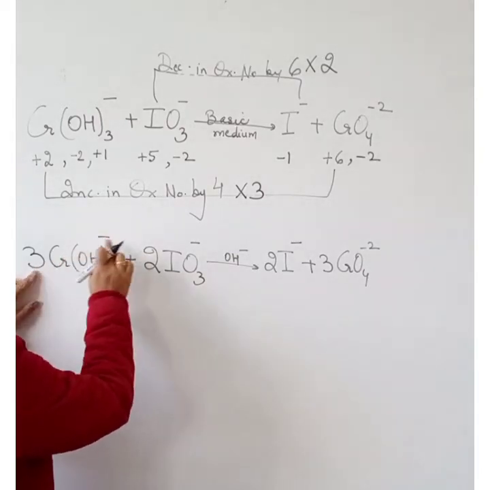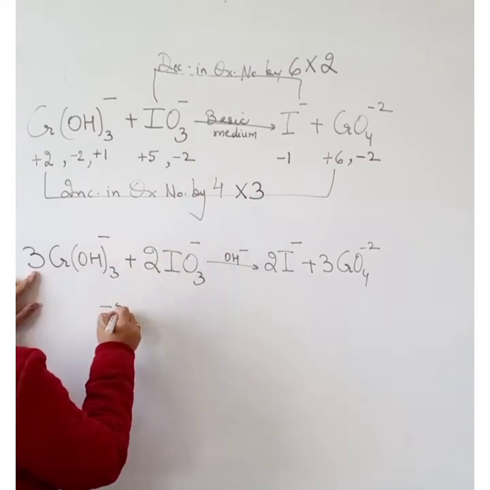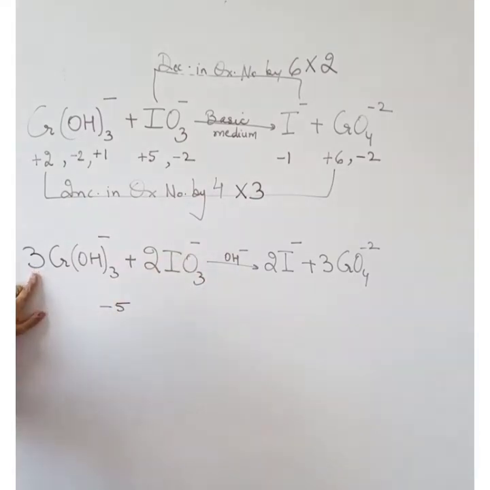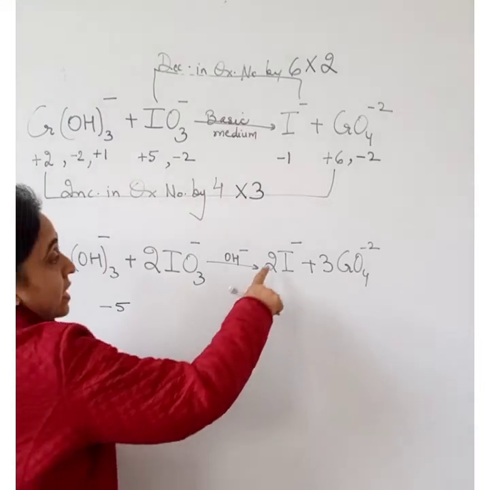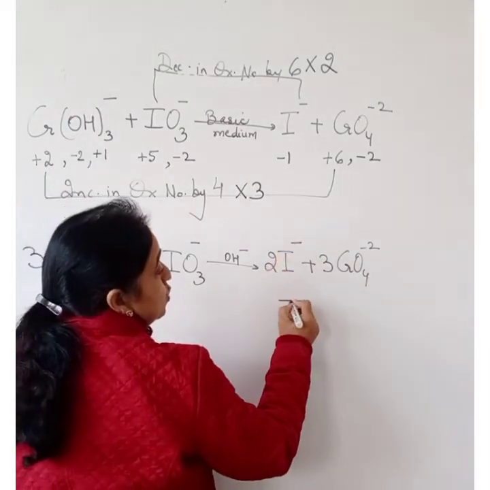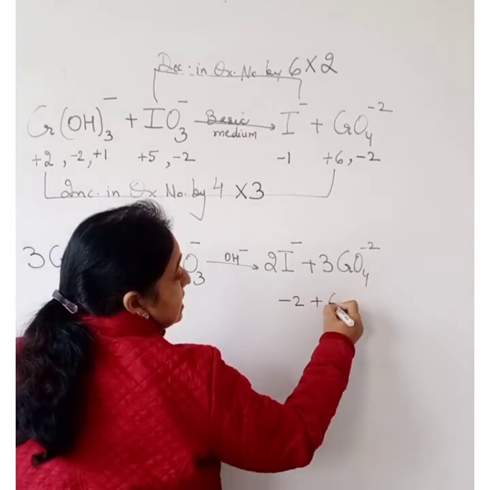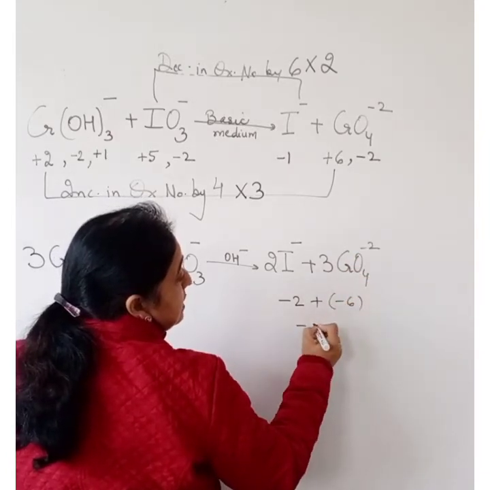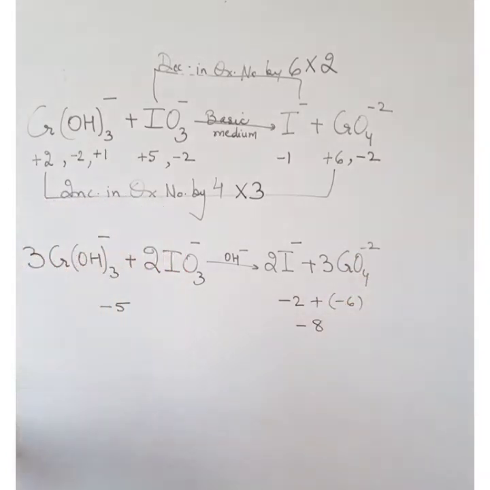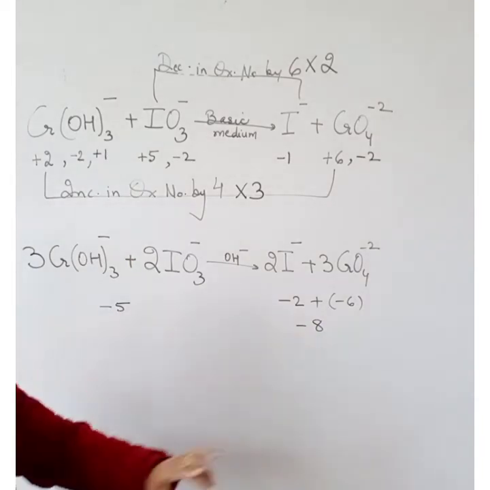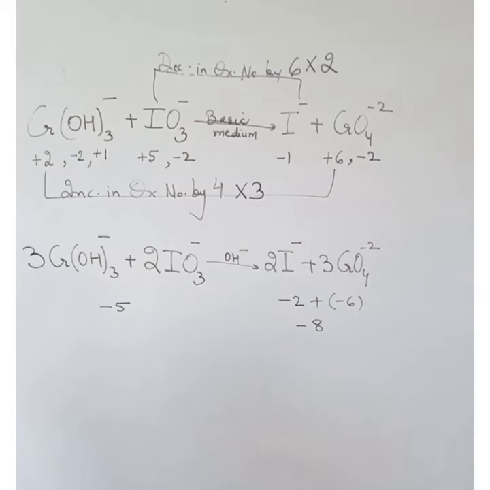After balancing, balance the charges on both the sides. 3 minus charge and 2 minus. So, minus 5 is the charge on this side. On this side, minus 2 plus 3 2s are 6. Minus 6. That means minus 8 is the charge on this side. So, minus 5 and minus 8. The medium is basic.